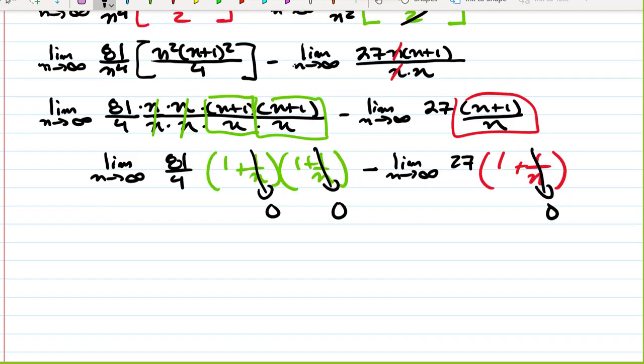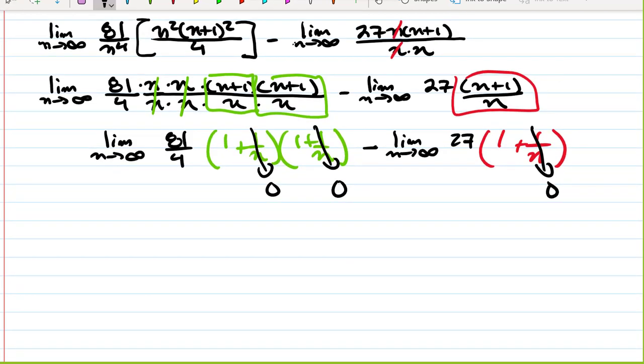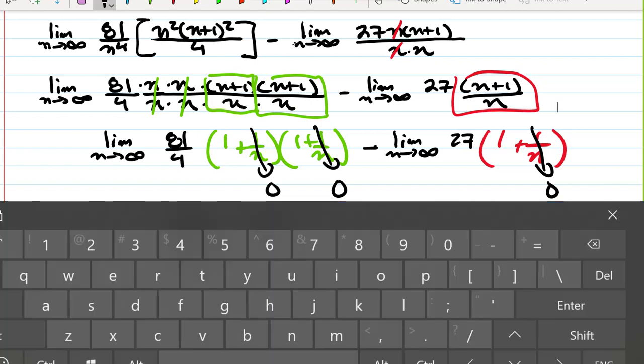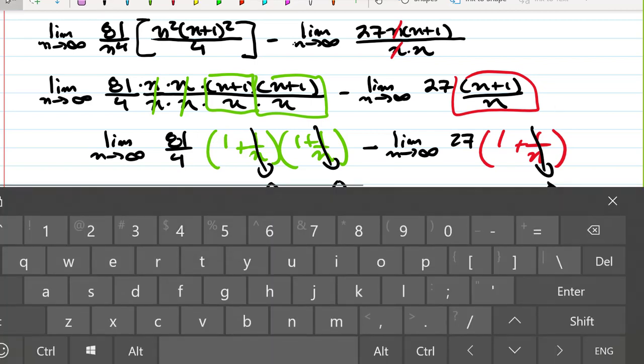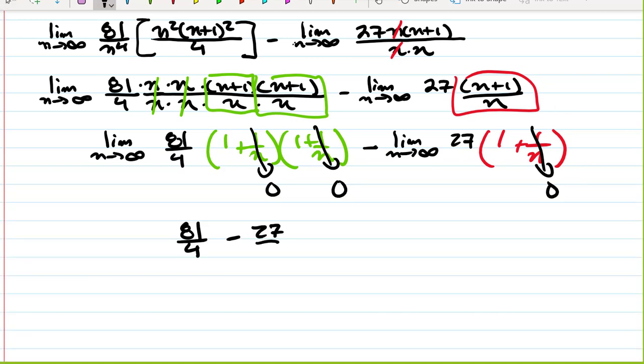So then finally, when we evaluate this limit, we get 81 over 4 times 1 minus 27. So finally, we can get a common denominator if we wish. So we get 81 minus 27 times 4, which is 108, all over 4, which gives us negative 27 over 4.